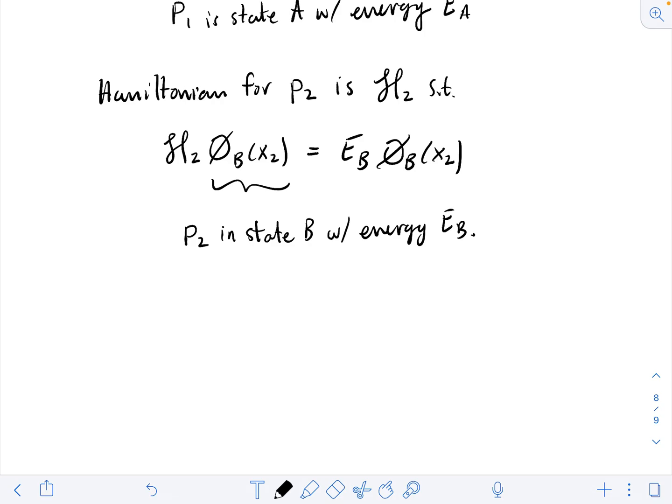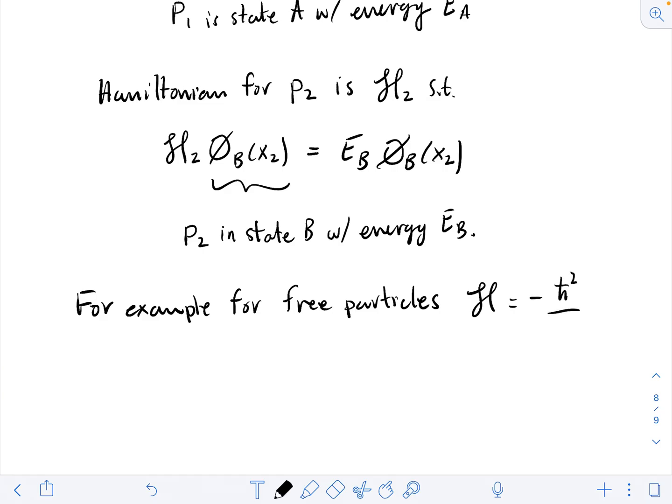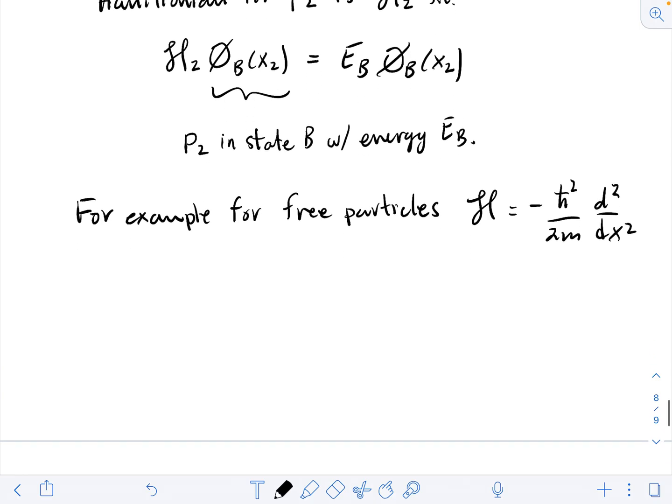Okay, so just for example, for free particles, the Hamiltonian would be just the kinetic energy, which is related to two spatial derivatives.